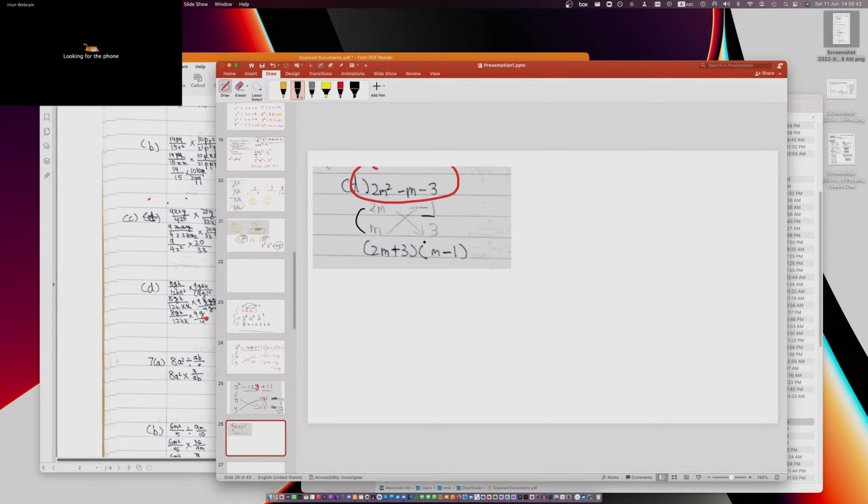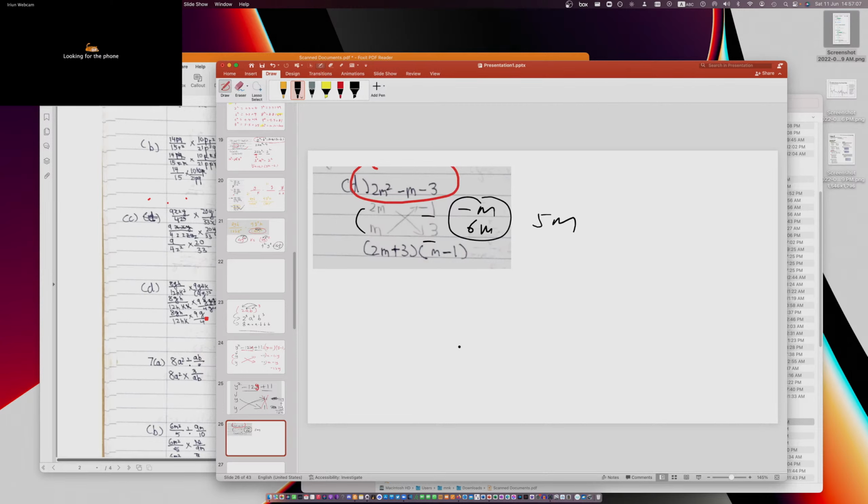This one, also no problem. But once you cross multiply, this is minus m, this is 6m, right? This will give you 5m. So this combination is wrong.